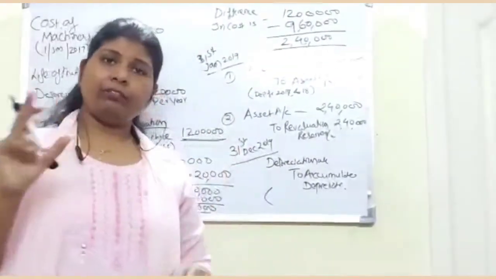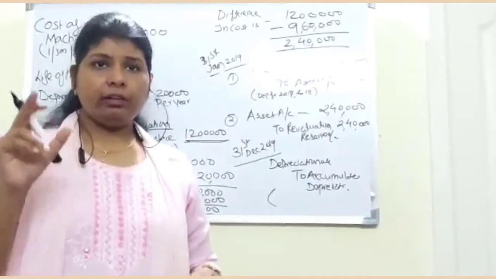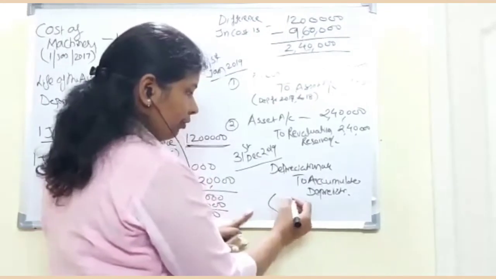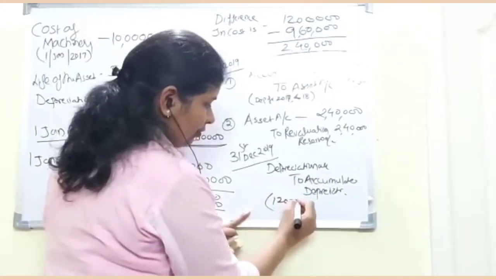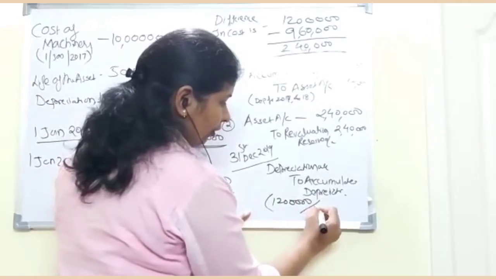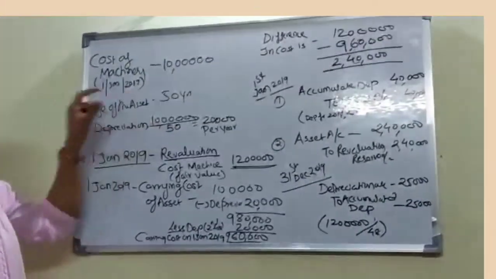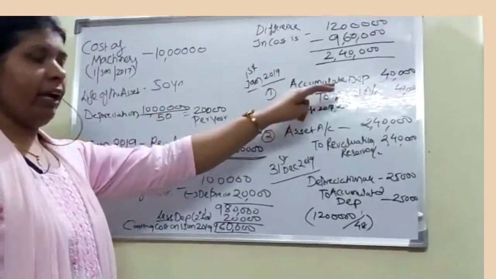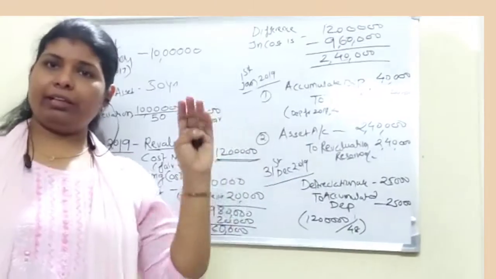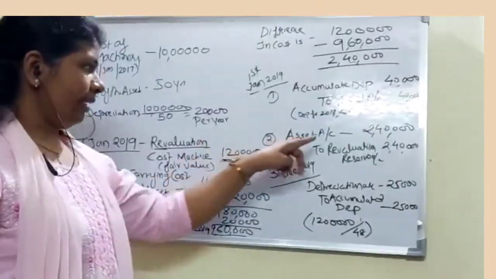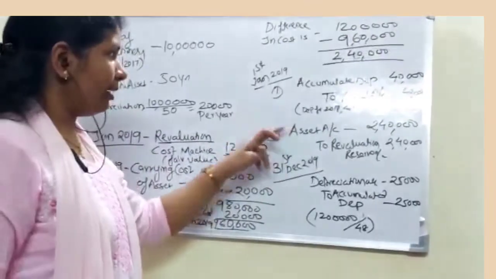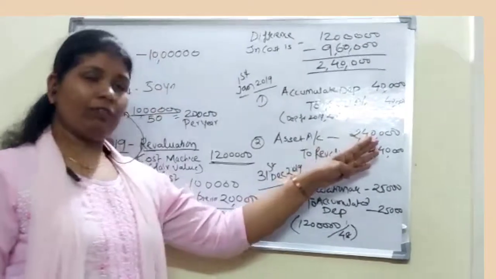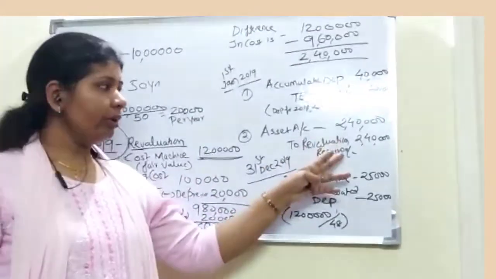The life of the asset is 50 years and 2 years have passed, 2017 and 2018. Now from 2019, for the depreciation on the 12 lakhs, I will divide it by 48. So when the revaluation happened on 1st January, I passed the entry accumulated depreciation to asset, then the second entry for the revaluation, because the asset cost has increased by 2,40,000: asset account debit to revaluation reserve.